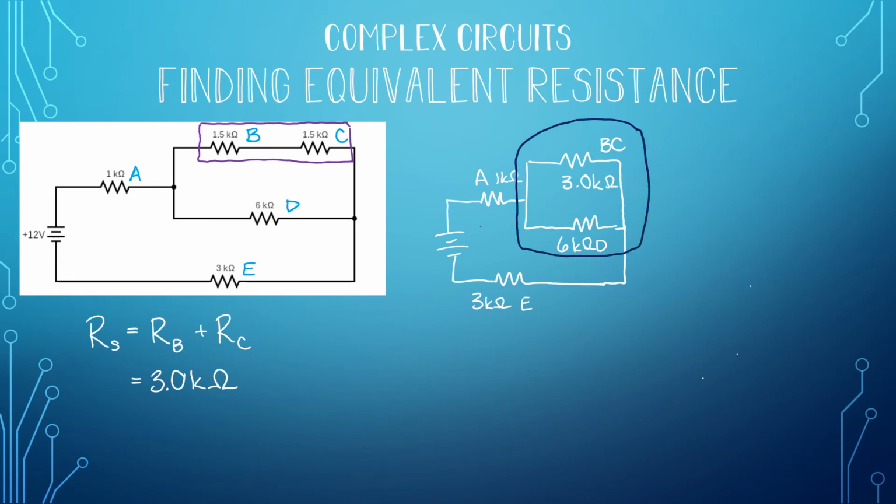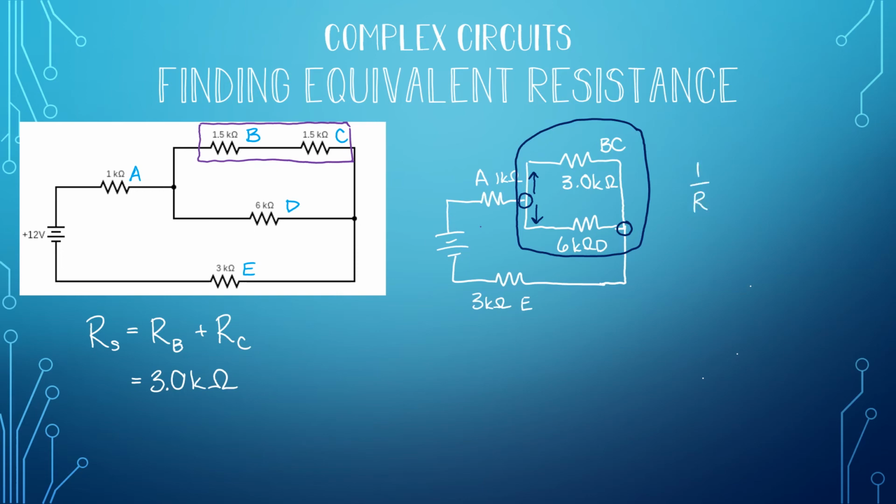That's my new resistor BC, as well as my resistor D. The reason these are in parallel is as the current enters this junction right here, some of it travels up and goes through BC, some of it travels downward and goes through D. It recombines at this junction right here, and between those two circled junctions, my current has only traveled through one resistor. Since that's the case, I can combine those in parallel with each other.